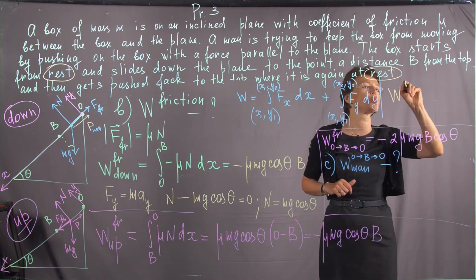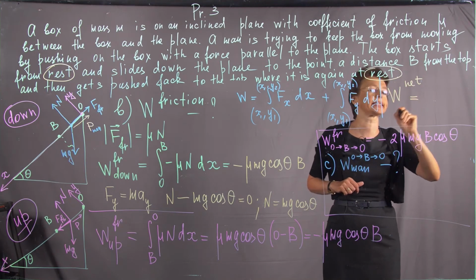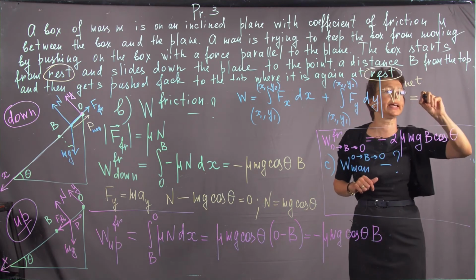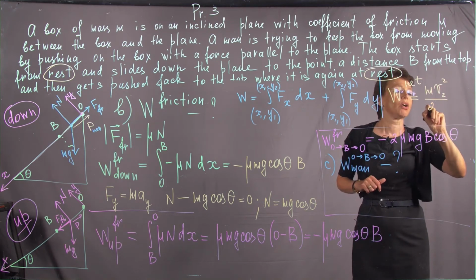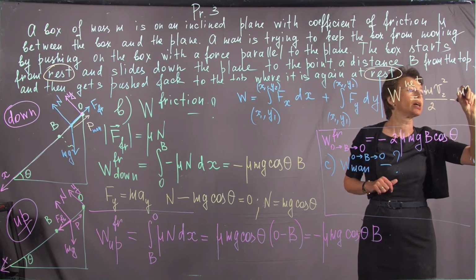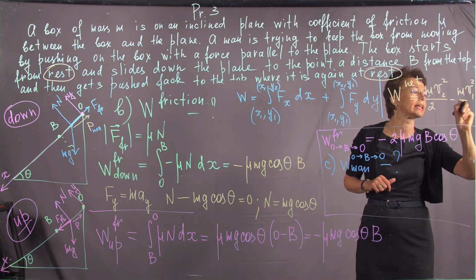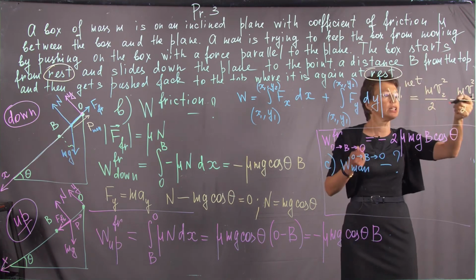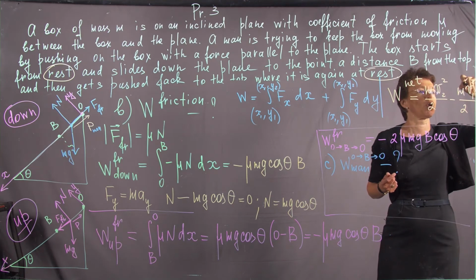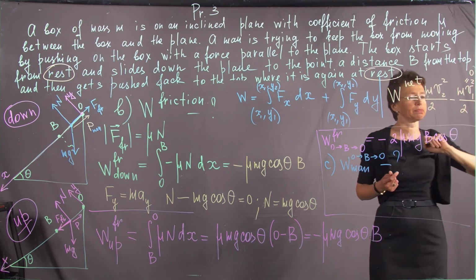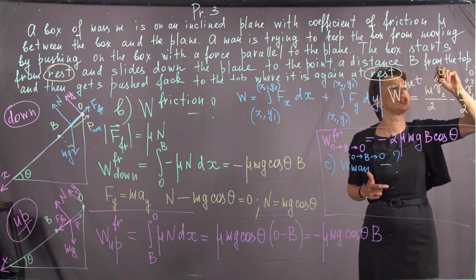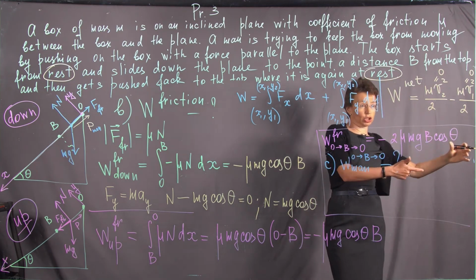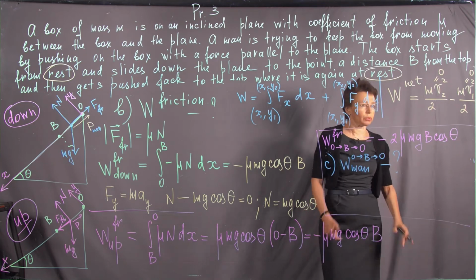The work energy theorem tells us that work done by the net force is the change in kinetic energy, final kinetic energy minus initial kinetic energy. What is the initial kinetic energy? The box starts from rest. It is 0. What is final kinetic energy in this case? It stops there, so it's again 0.